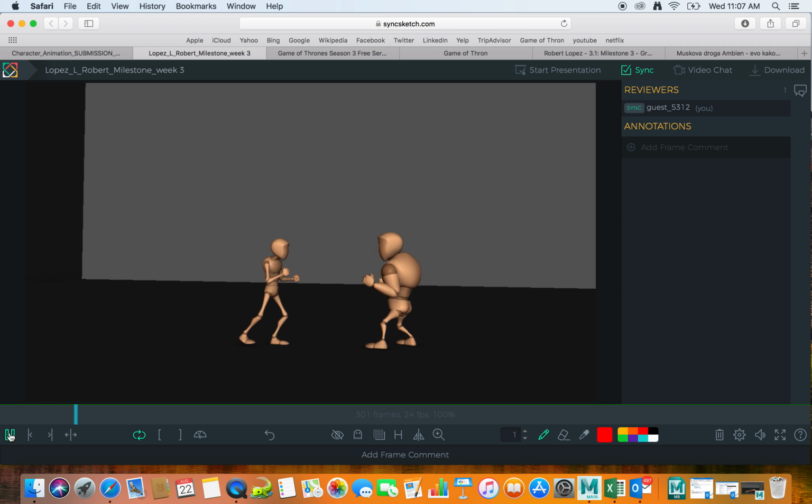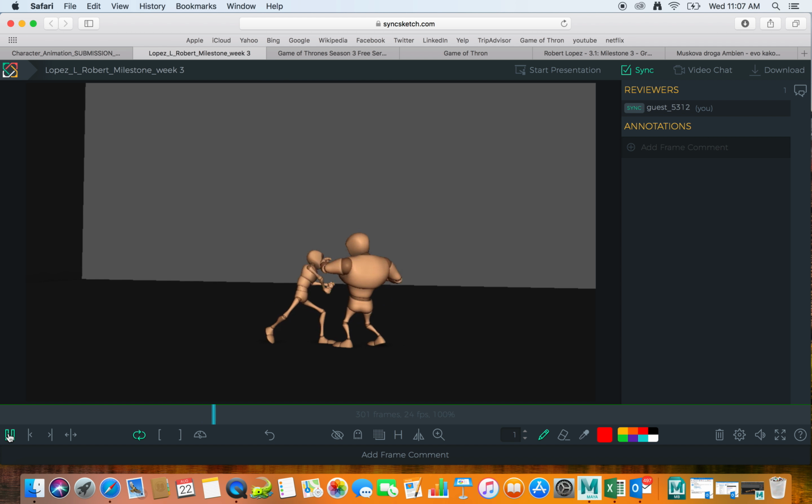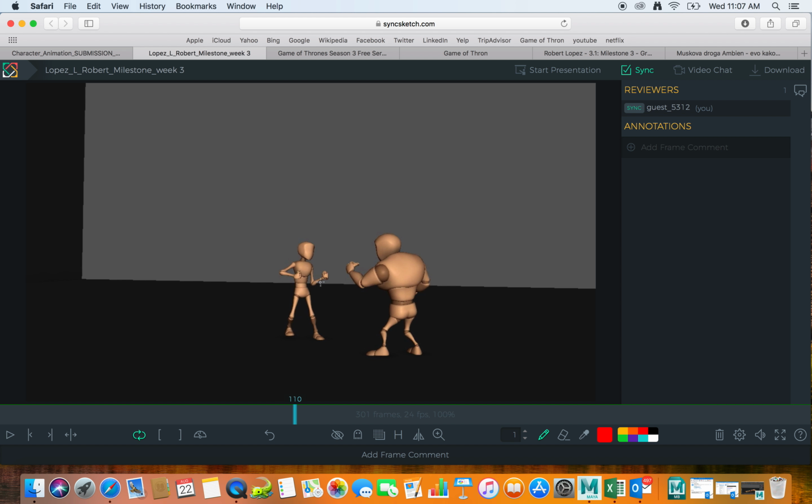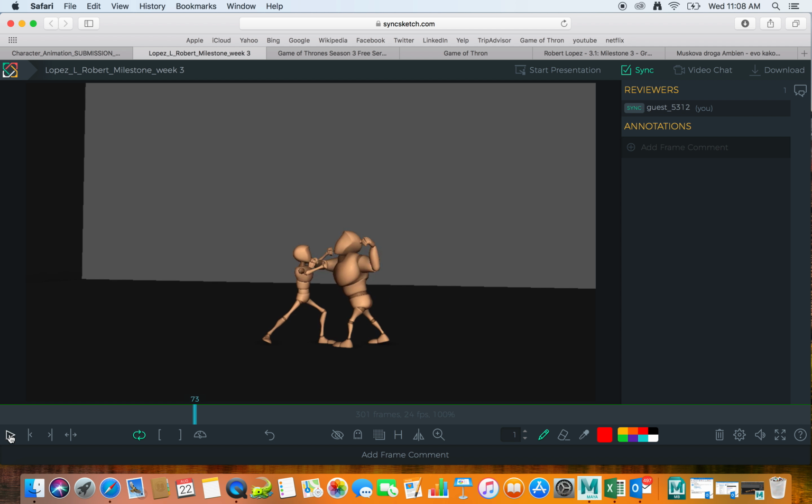Maybe after these guys get together and bam, bam, bam, bam, bam, bam, bam, now they go away from each other, and that can be shot just for itself. Or maybe you can replace all this animation with just them falling on the floor after this duel.